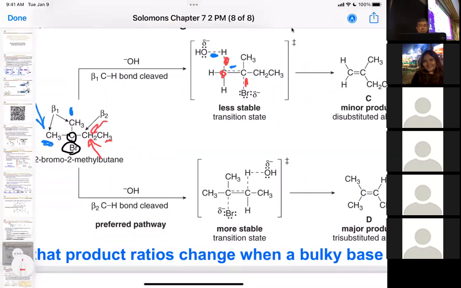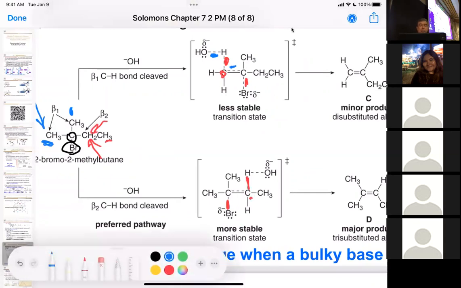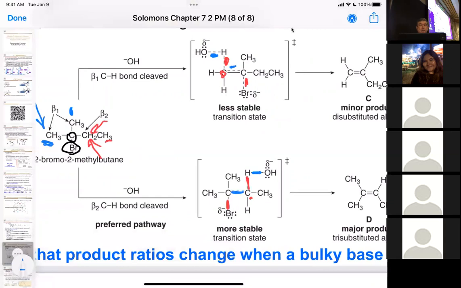In this transition state, we have this bond breaking and this bond breaking. And notice that this would give a more substituted carbon right here. This bond's making and then this bond's making. Okay. So the transition state that gives the more substituted alkene is actually more stable by a little bit.